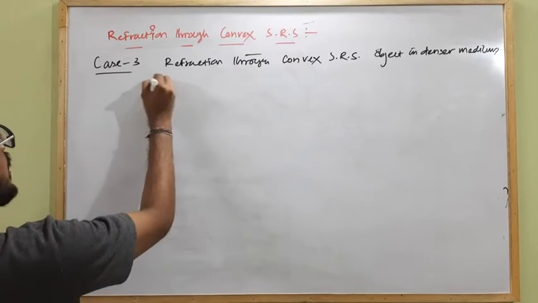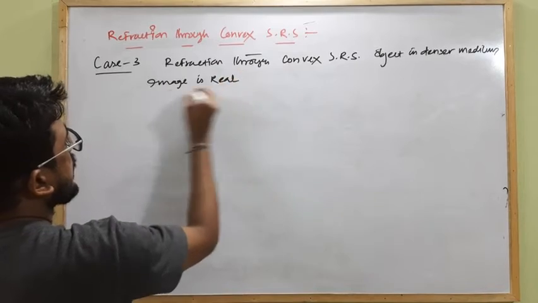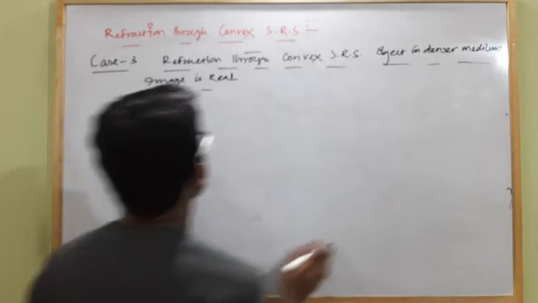Image formed is real. This is the third case, object in denser medium and image is real.